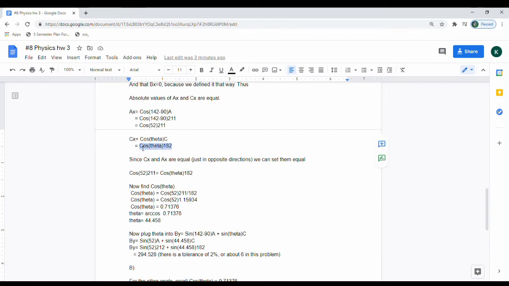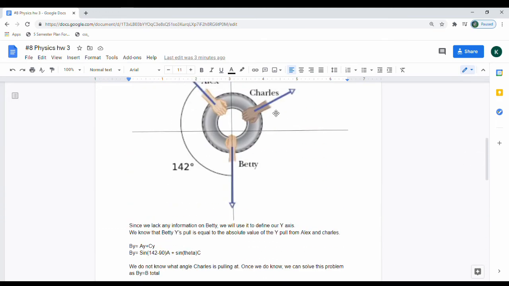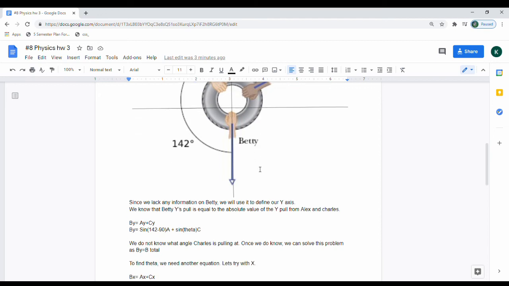So then we must set these two equal to each other. If we set them equal to each other, we can find theta. We find cosine theta equals that, then we use arc cosine. If you were to use a calculator, you would get this: 44.458. So this angle right here is 44 point whatever you got.